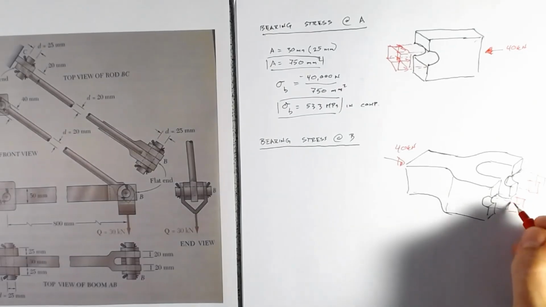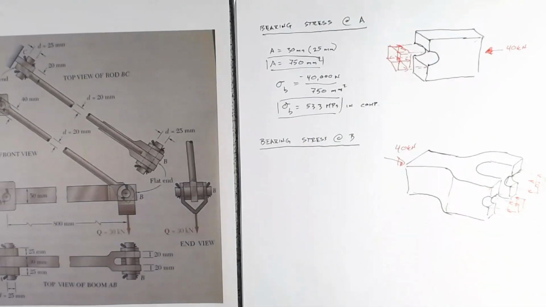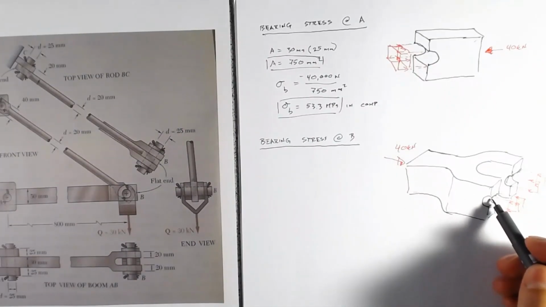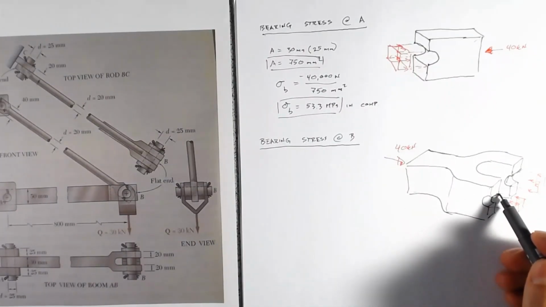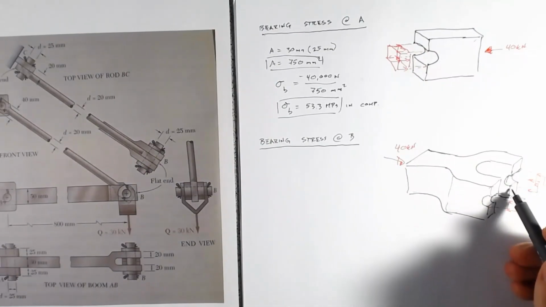And as I keep saying, because it's an average stress, we're assuming that the stress block is the same height throughout, and so that means that we have the same level of stress throughout this whole bit. So our area is basically going to be the projected area of this hole. So the thickness here times the diameter plus thickness here times the diameter.